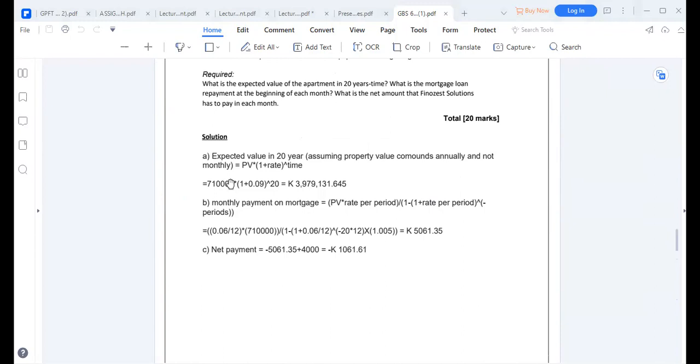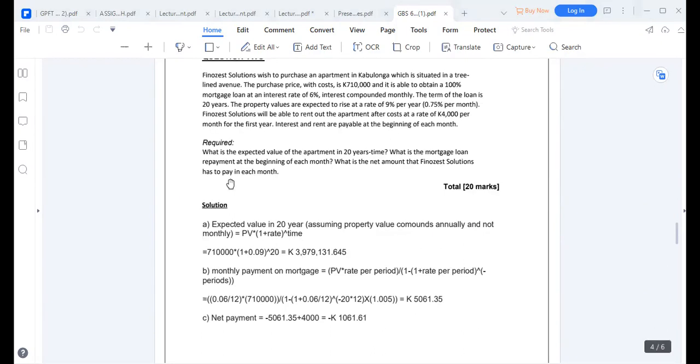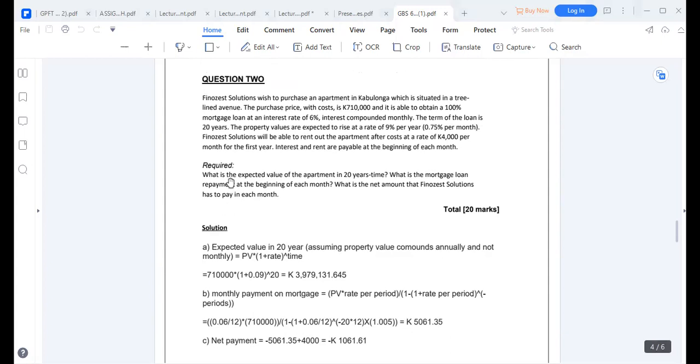What is the expected value of the apartment in 20 years? The question is, FinoZ Solutions wishes to purchase an apartment in Kablonga, which is situated in a tree-lined venue.